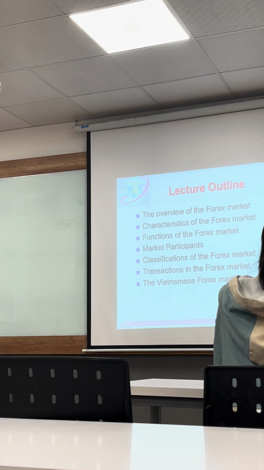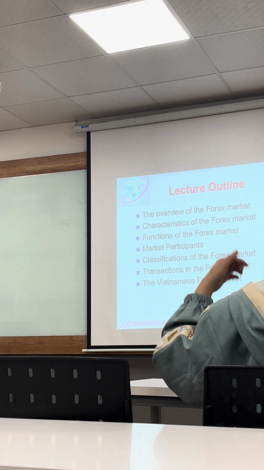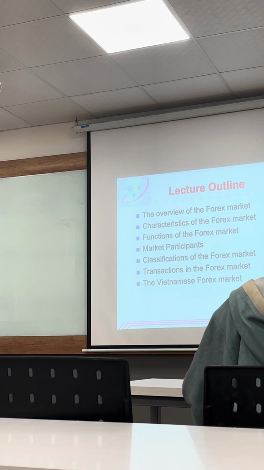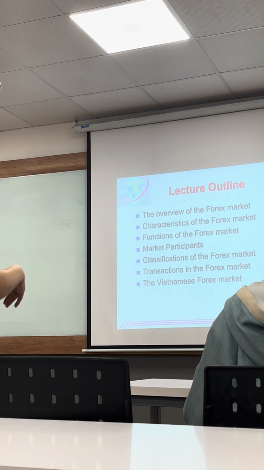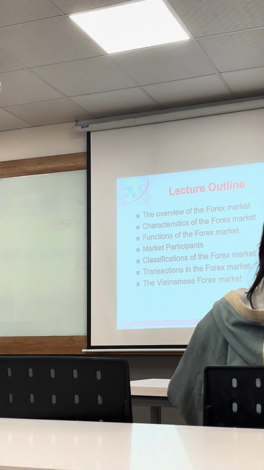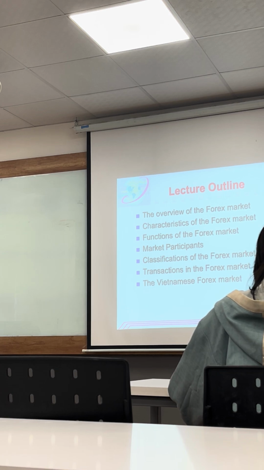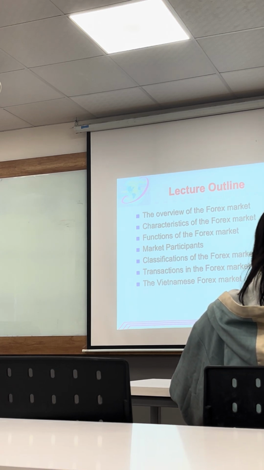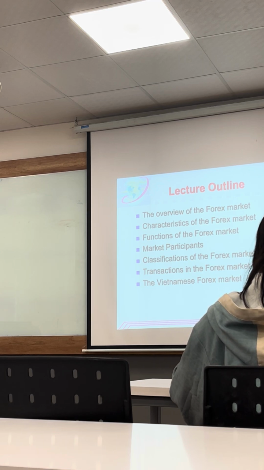How about the options? There are two kinds of options. One is the call option. When you buy a call option, you have the right to buy an asset at a specific time and specific price.